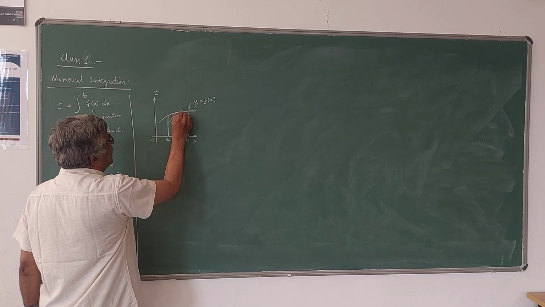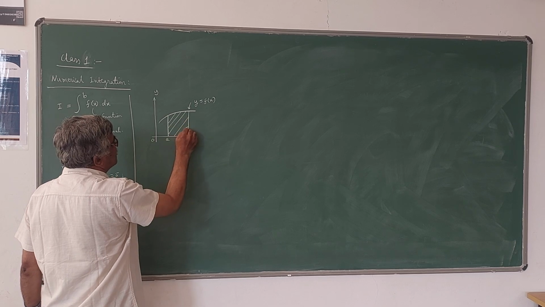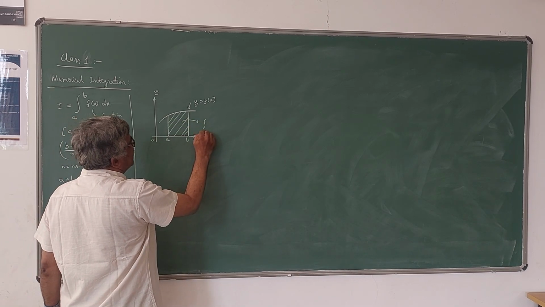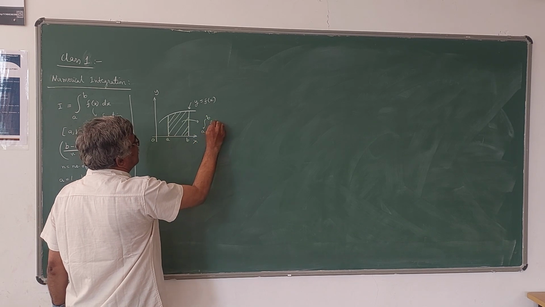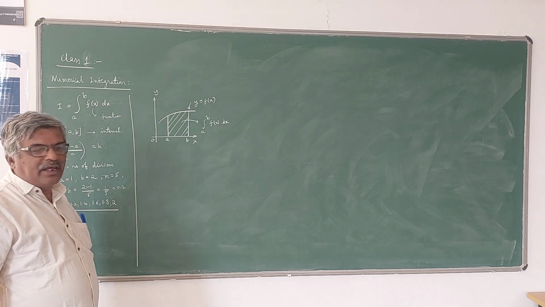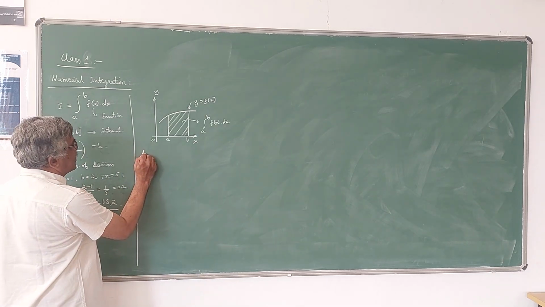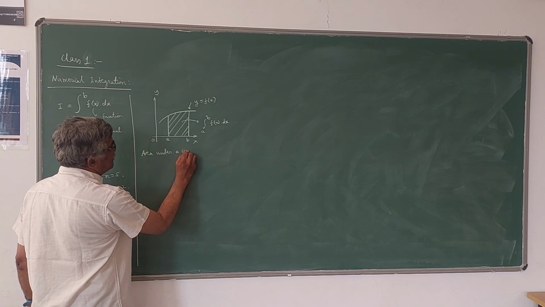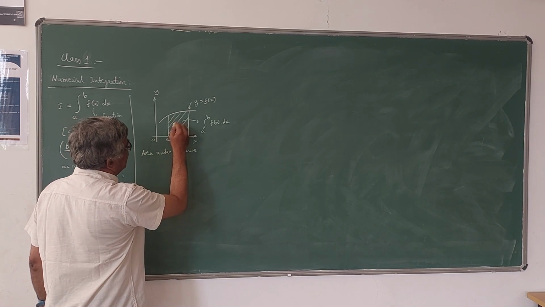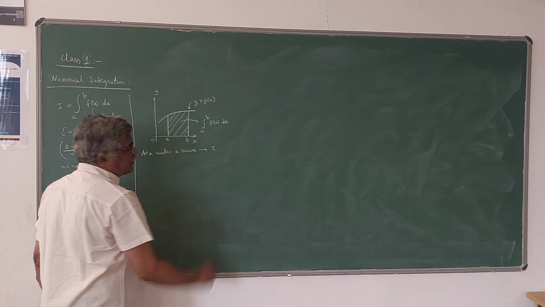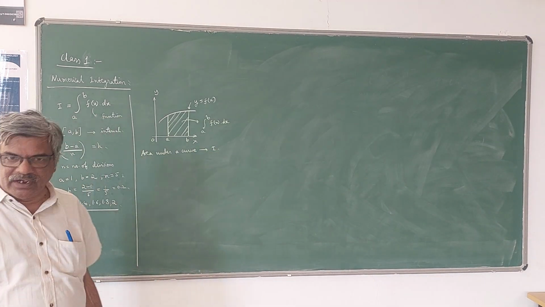Now if you find the area under this curve between the values a and b, that is nothing but your integral a to b f of x. This is what you have done in your PUC class. Area under the curve gives the integral, of course between two values of x, this gives the I value. So that is the physical meaning of that.